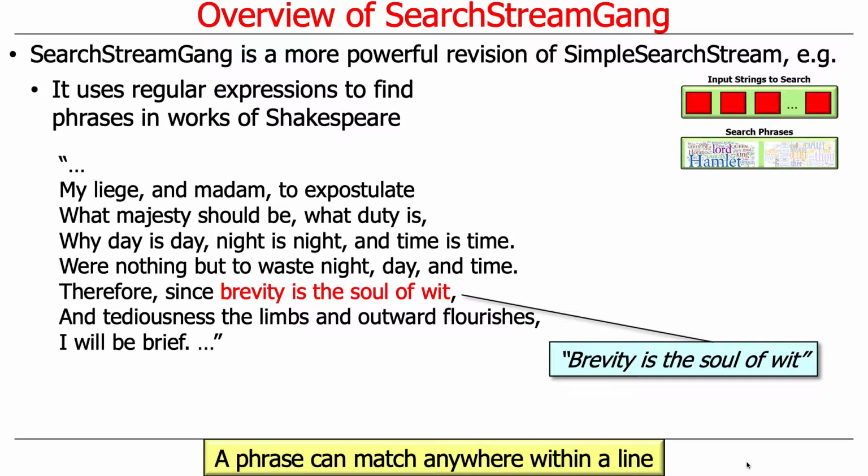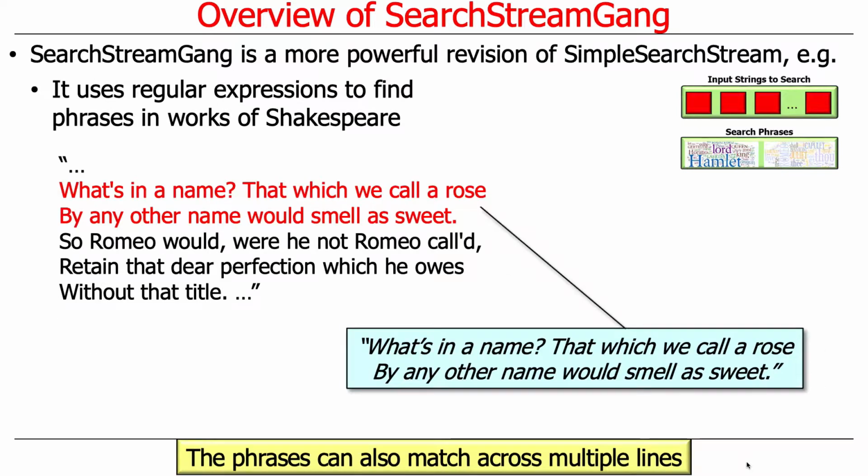But basically, what you can do here is you can have the works of Shakespeare, and then you can look for phrases like "brevity is the soul of wit." And it'll tell you where that appears, what play and what index into the play that particular search phrase appears. And a phrase can match anywhere within a line. And in fact, because we use really cool regular expressions, the phrases can actually match across multiple lines.